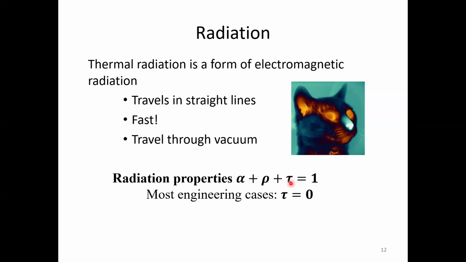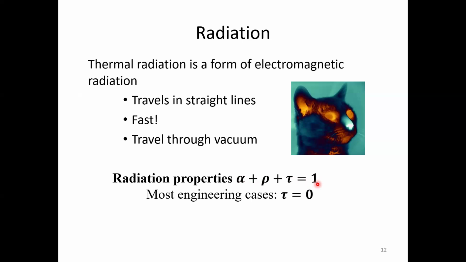Basically, if radiation falls on an object, it can either be absorbed or reflected or transmitted, right? So these are the fractions of energy: the fraction that is absorbed is absorptivity, the fraction that is reflected is reflectivity, and the fraction that is transmitted would be transmissivity. When you sum up all those fractions, it should be equal to 1, since radiation energy does one of these three.